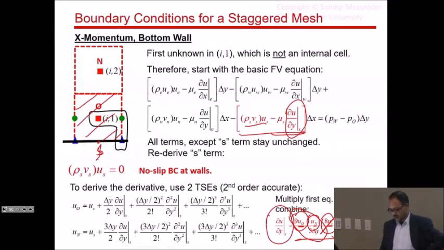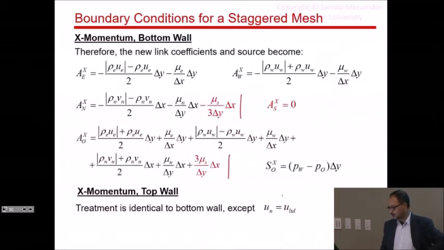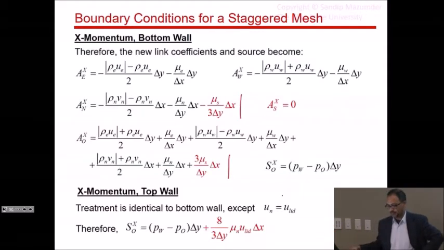And that velocity is not zero, so that will also give me an extra term in my source, okay, which looks like this. This term was not there when I did the southern face because my U south was zero. In other words, instead of U lid, I had a zero, and so nothing showed up there.